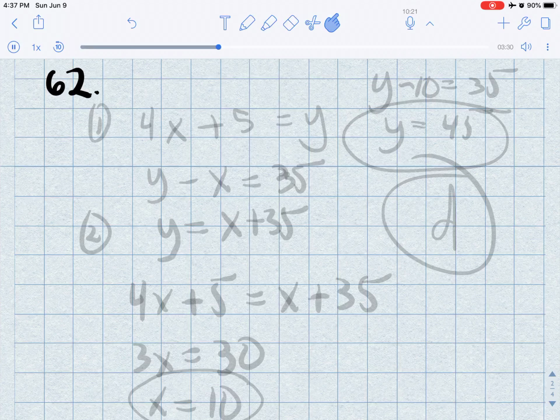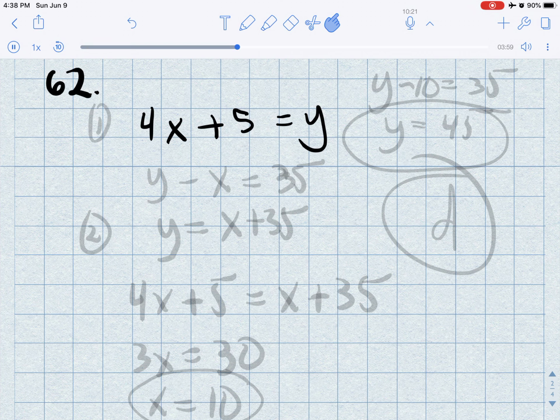We have two segment lengths, so I'm going to call one x and one y. Now they said one line segment is 5 centimeters more than 4 times the length of the other. So I made this equation just from reading the first sentence.